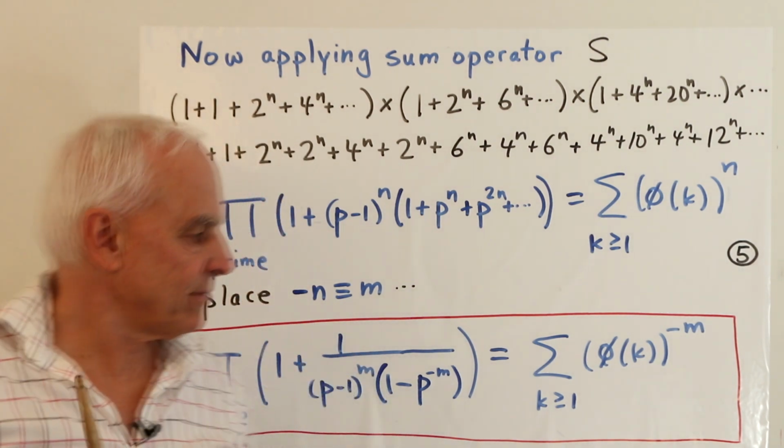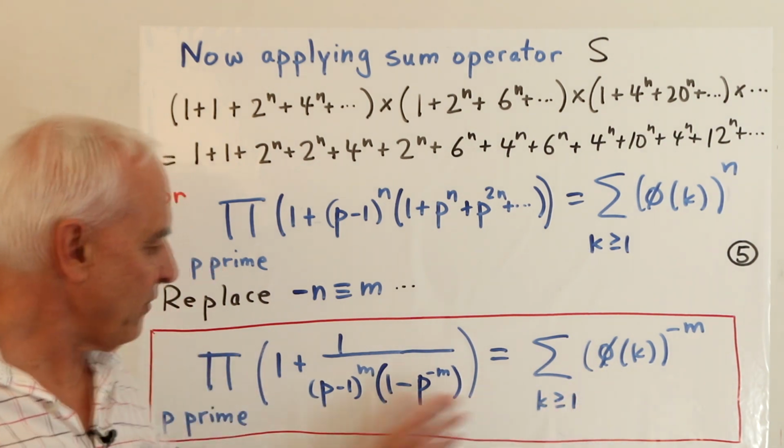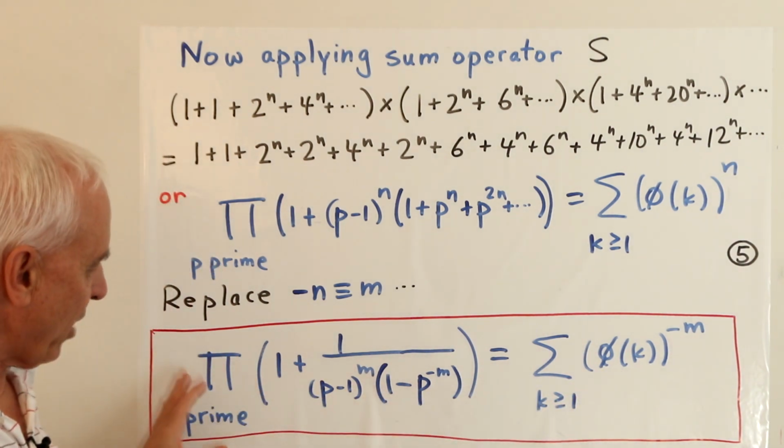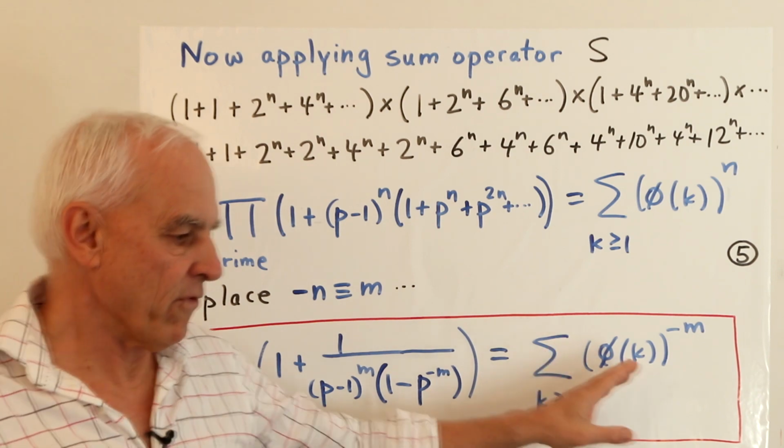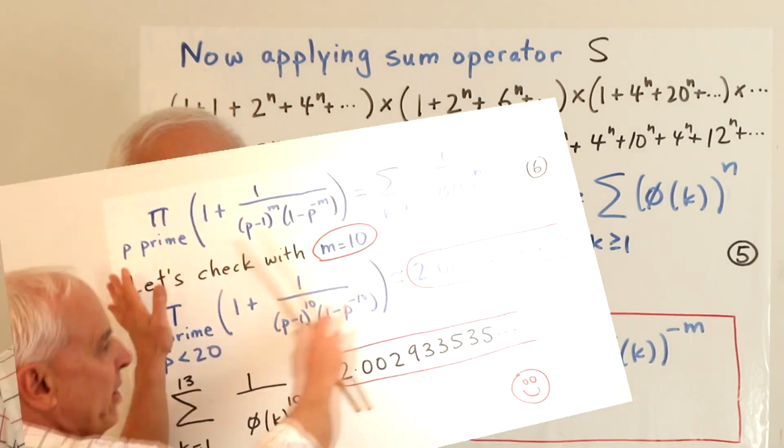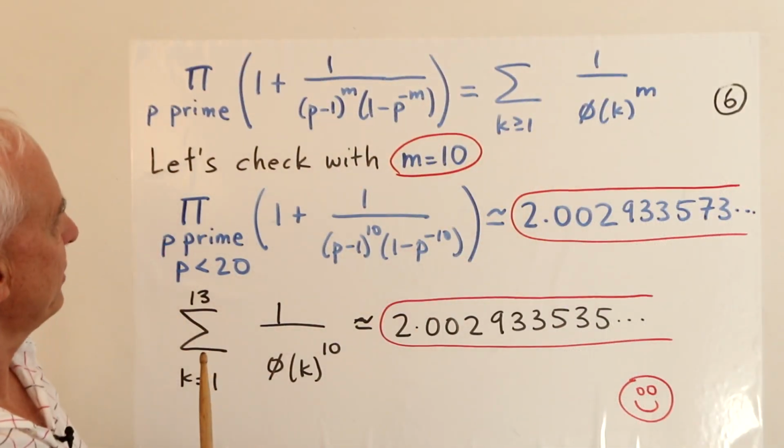It looks different, even though it has the same general form, a product over primes and a sum over natural numbers.